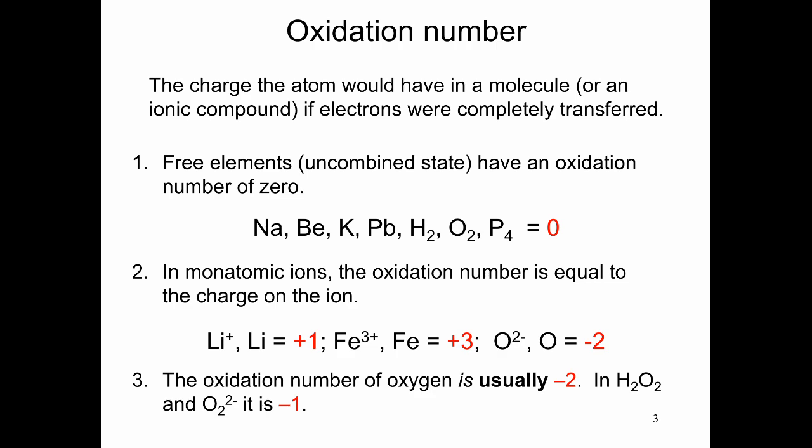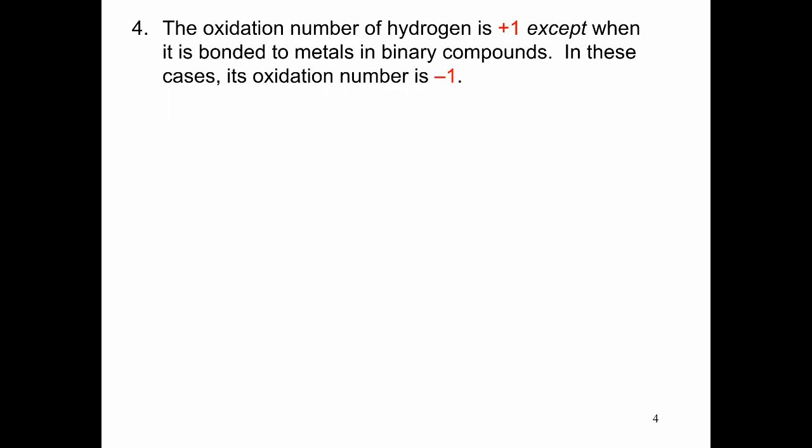For example, in peroxides such as hydrogen peroxide, the oxidation number of oxygen is always -1. That's the reason why peroxides are very reactive, because oxygen does not want an oxidation number of -1. It prefers -2.